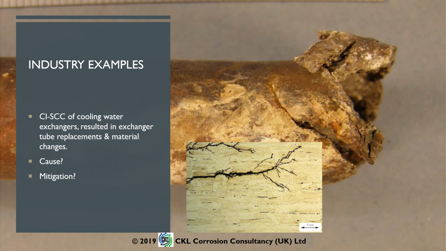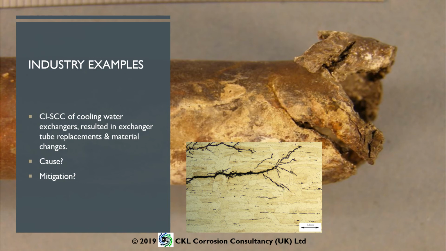So that, in combination with the hotter operation, meant that we were moving into the parameters within which chloride cracking became an issue, where it hadn't done previously. And in this example, when you've got a cooling water system, you can't easily control or change the cooling water content without significant investment, putting filters in and all the rest of it.